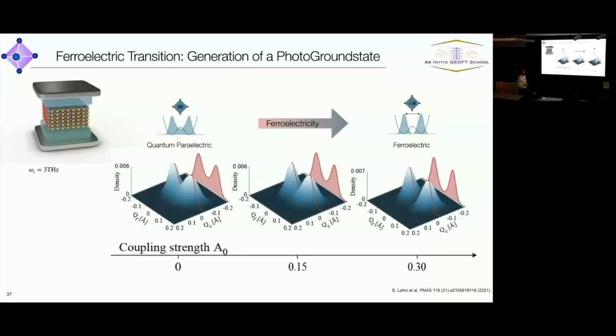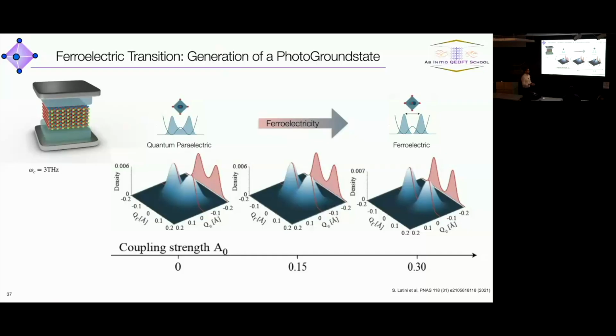Okay? And actually what happens at this point is that the ground state of this Polaritonic system and the excited state become degenerate. So if you have two degenerate states, one in one well and the other one in the other well, or a linear combination of those, you can always diagonalize the problem and find a solution which is localizing only in one of the wells.